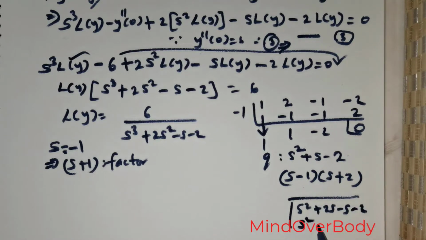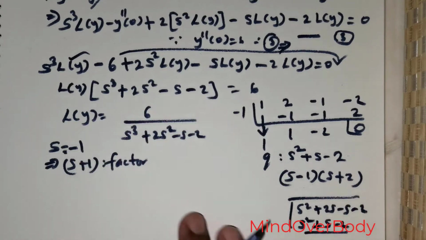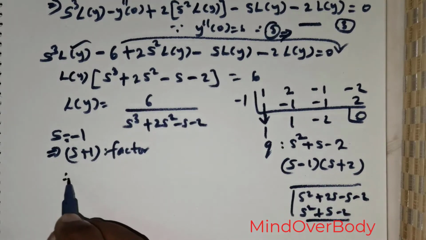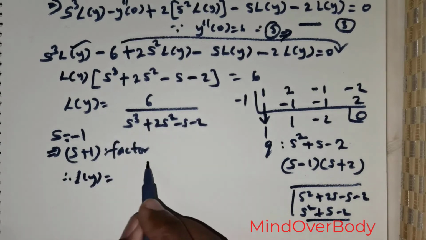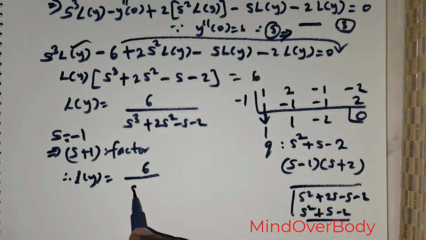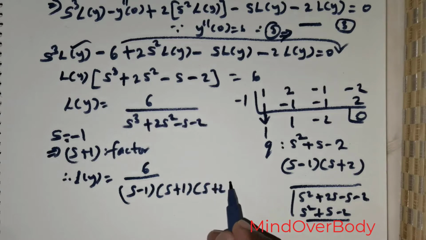So this is s squared plus s minus 2. That's simple. Now we take all of this and place it here. So we have factorized the right side. L of y is equal to 6 over (s minus 1) times (s plus 1) times (s plus 2).